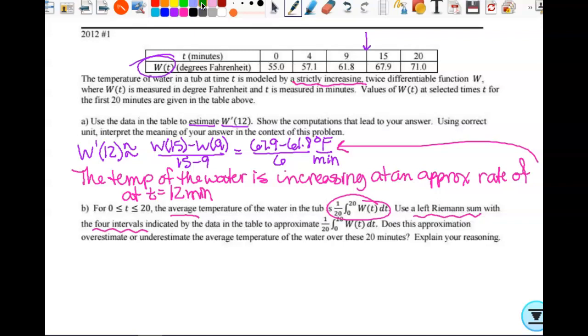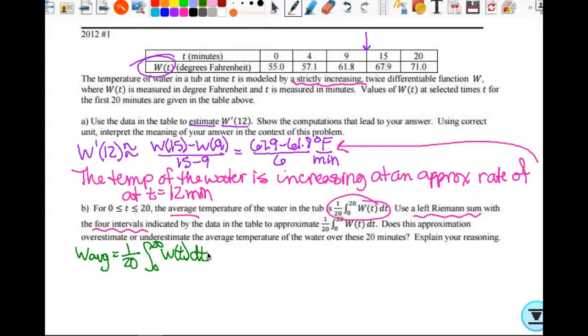So the water average temperature is equal to 1 over 20 times the integral from 0 to 20 of W of t dt. I don't know that you necessarily have to rewrite that, but I did.